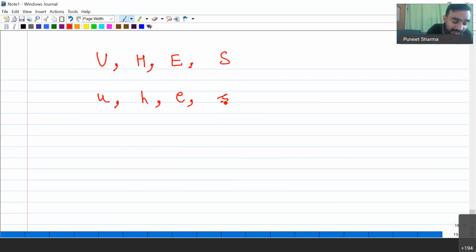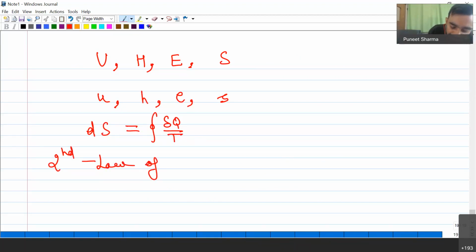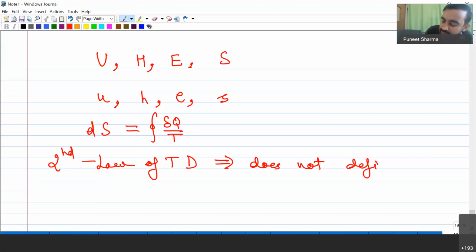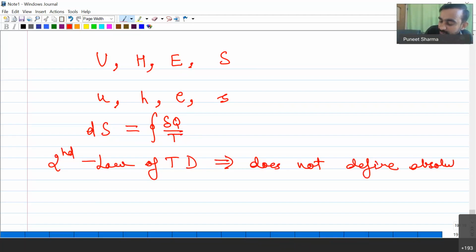Now, one important point I would like to highlight: from the second law of thermodynamics we have come to know that ds is nothing but equal to the cyclic integral del Q by T. So it means the second law of thermodynamics does not define the absolute value of entropy.